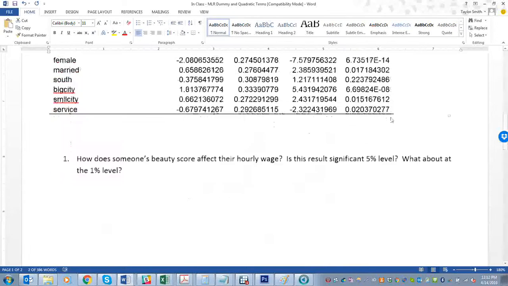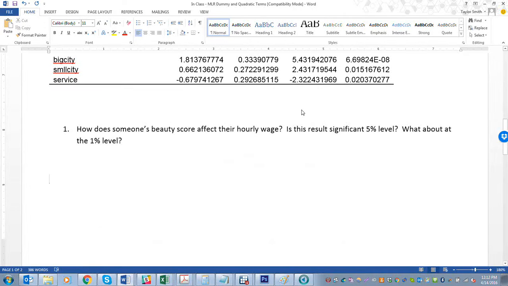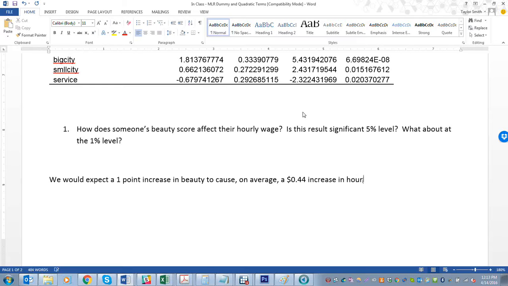Okay, so let me just type that in down here so we know how to do everything that we're doing. So to answer that question, how does someone's beauty score affect their hourly wage? Well, we would expect a 1 point increase in beauty to cause, on average, a 44-cent increase in hourly pay.